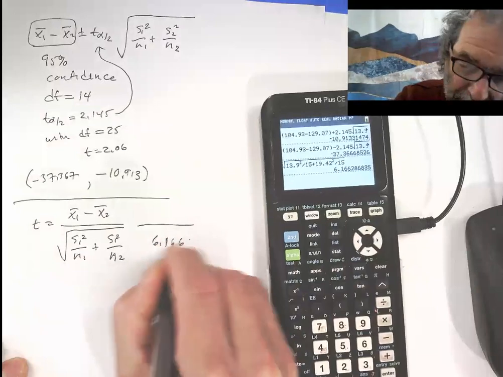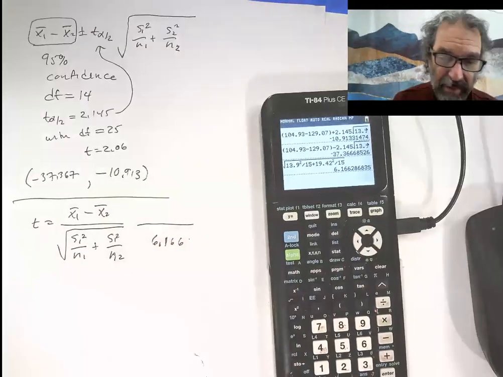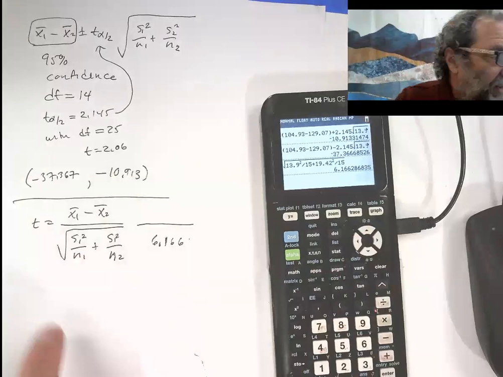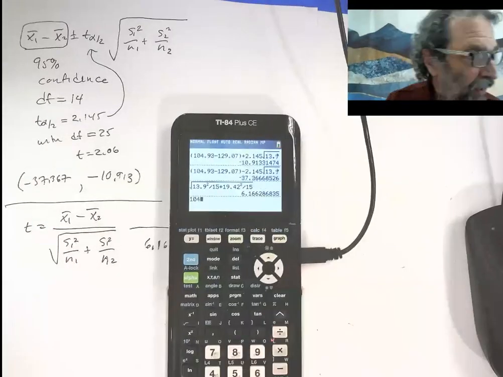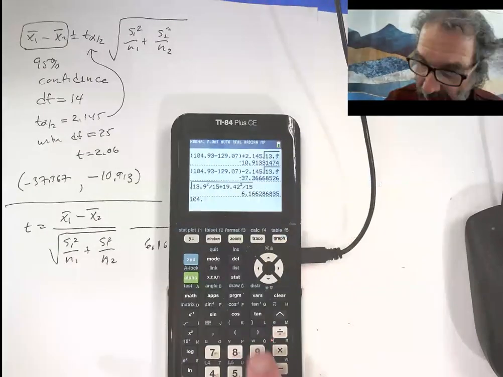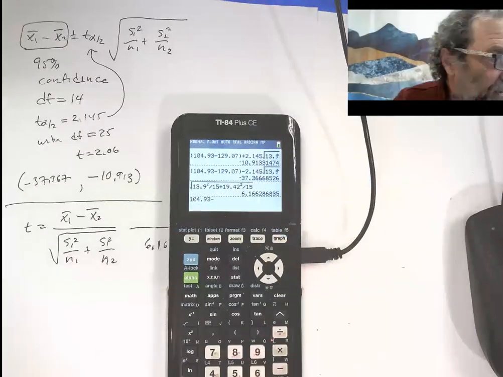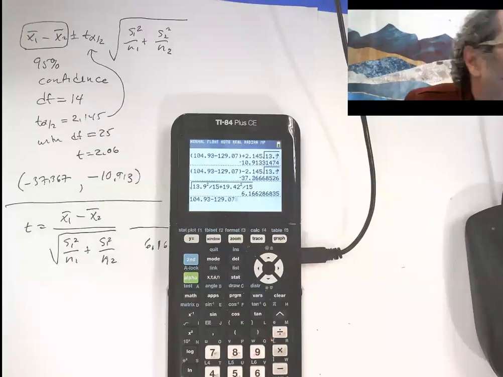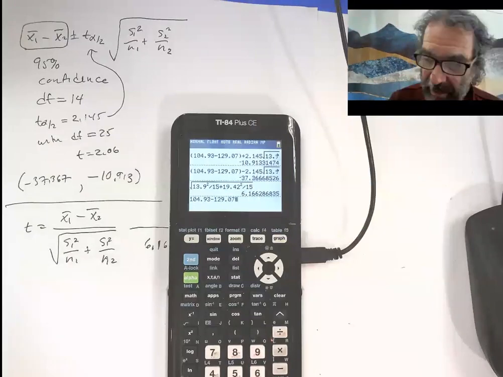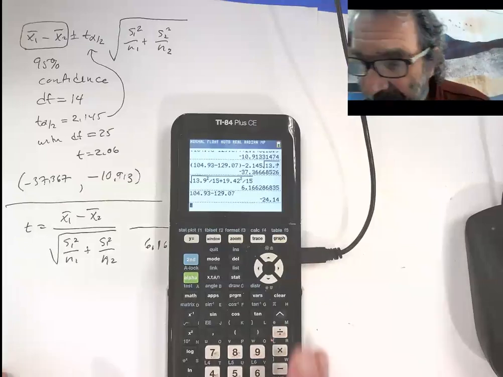Well, I'll leave it like that, 6.166. And then up on top, I've got the 104.93 minus 129.07. Look at that carefully, crank it up. Minus 24.14.